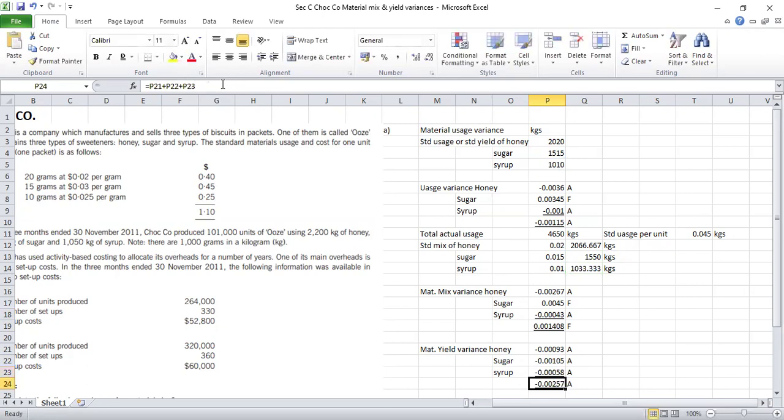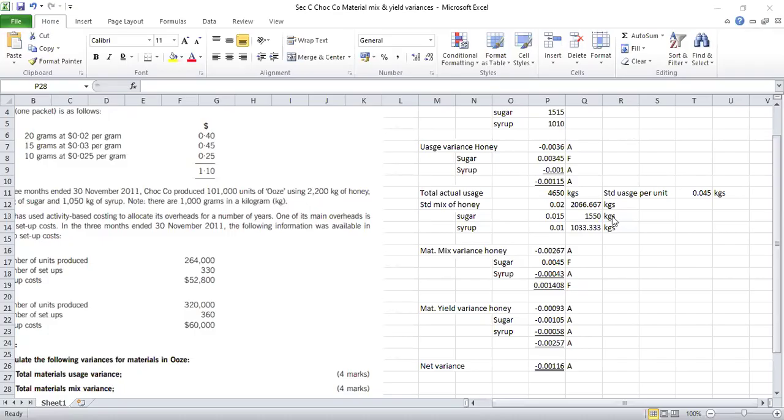So now you can see that the sum of the usage variance is equal to the sum of mix and yield variances. So almost the answer is the same and both are adverse.